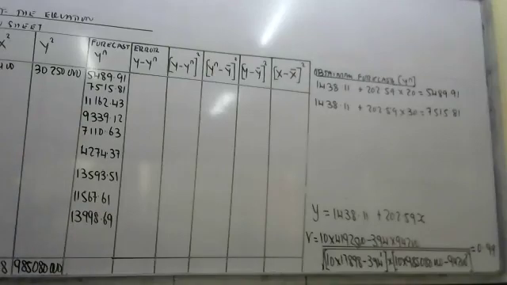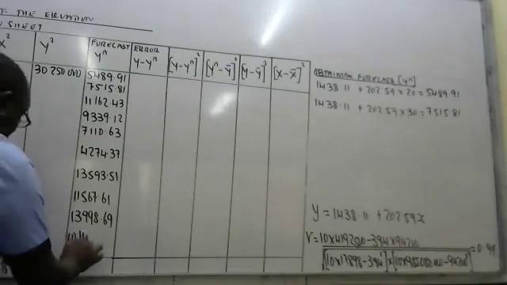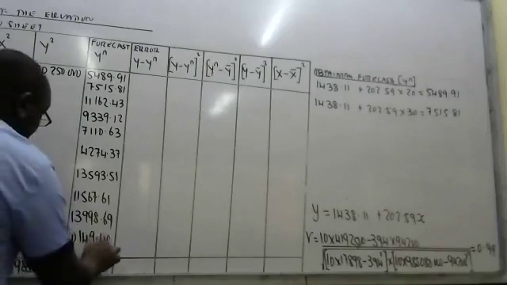Then 1438.11 plus 202.59 multiplied by 43, it is 10,149.48.